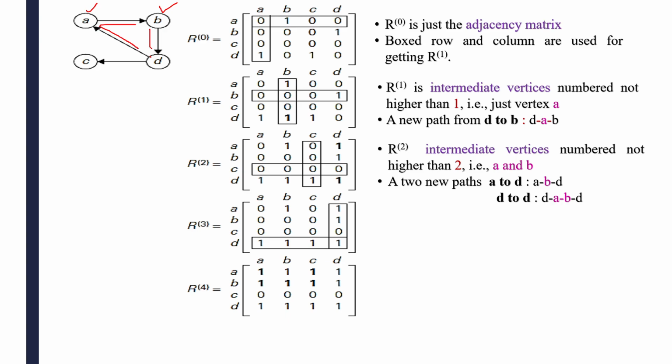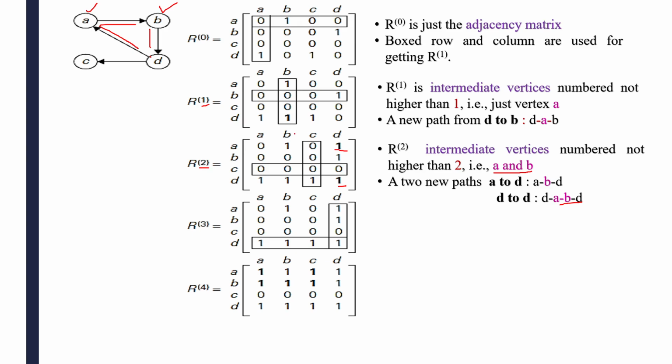And next B to D. See, that is the thing. D to A to B and B to D. I got the path now. It is a positive path. That's why these two values are changed by taking the help of intermediate vertices A and B. That is R2, meaning two intermediate vertices you can take now.